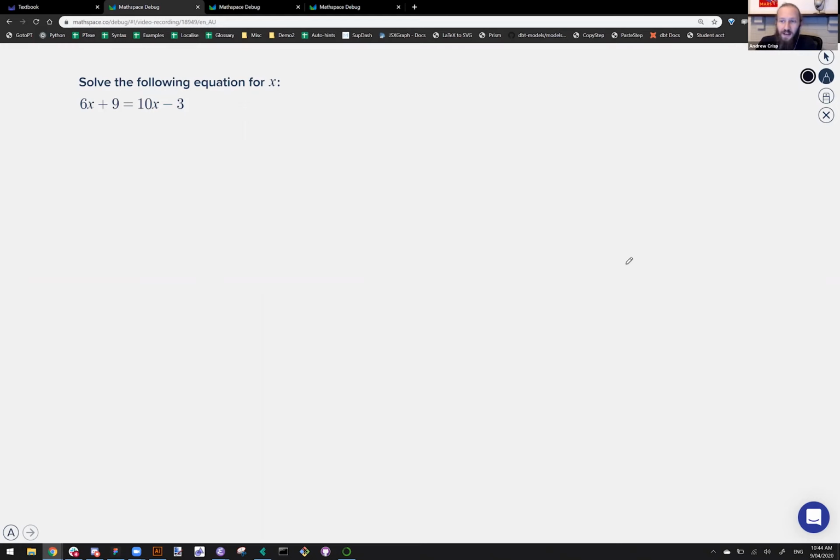What I'm going to do instead is test some values. I already know 3 works, so just pretend that we don't know that. Okay, is x equals 1 a solution? I don't know. Let's try it.